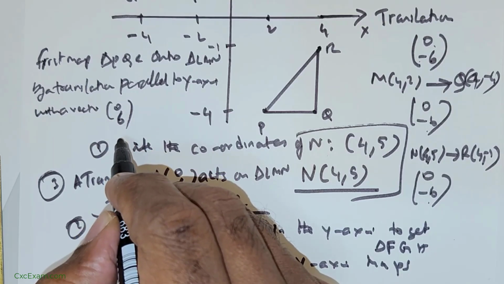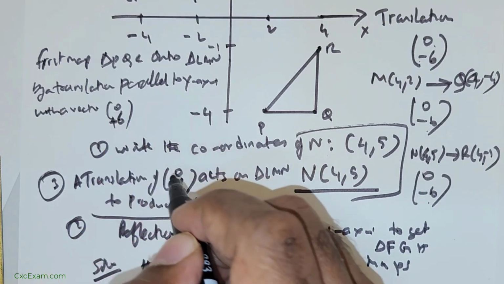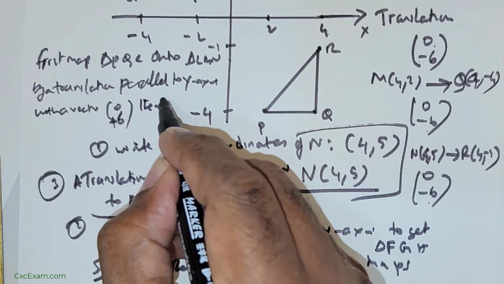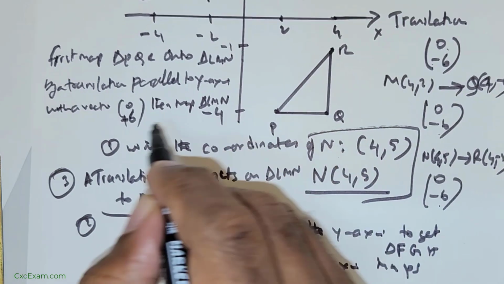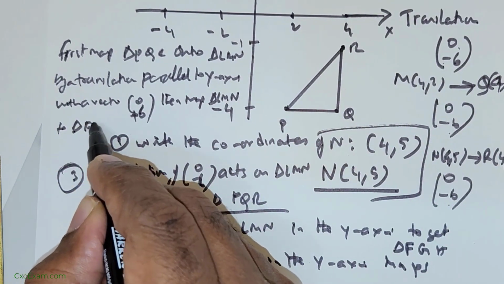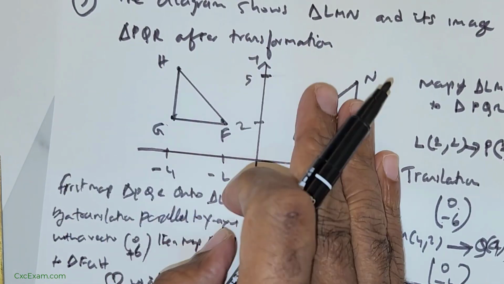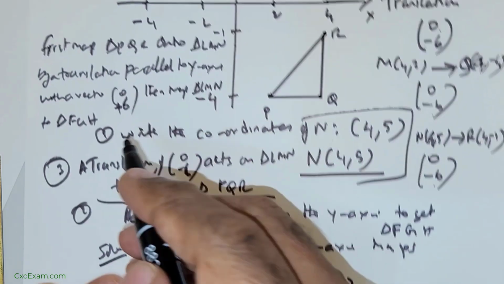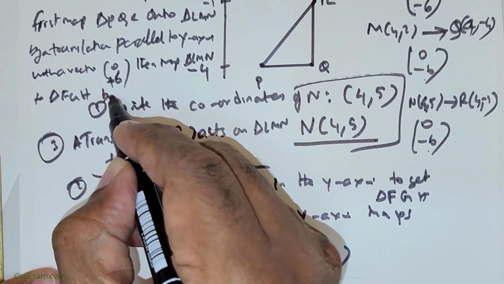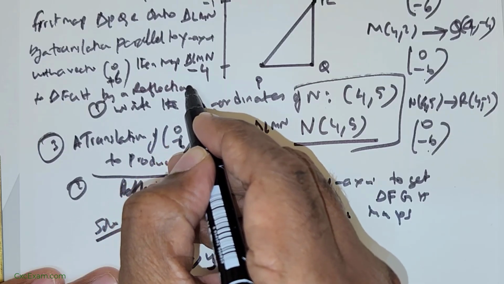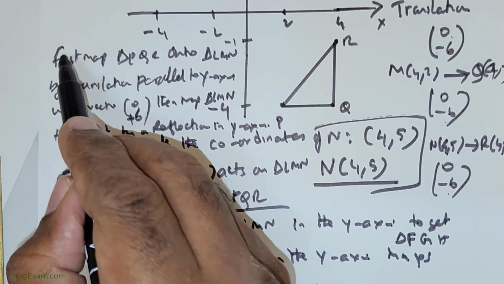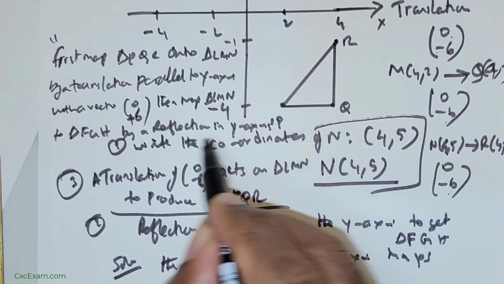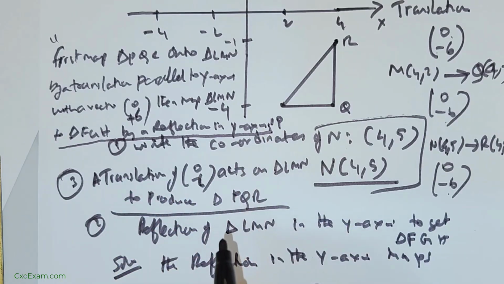So remember this. +6, I'll write it as positive there. Then map triangle LMN, right, to triangle FGH. What happens here? Reflection takes place, right? By a reflection in y-axis. Okay, so from here to here you have to write. So that is the solution for this question.